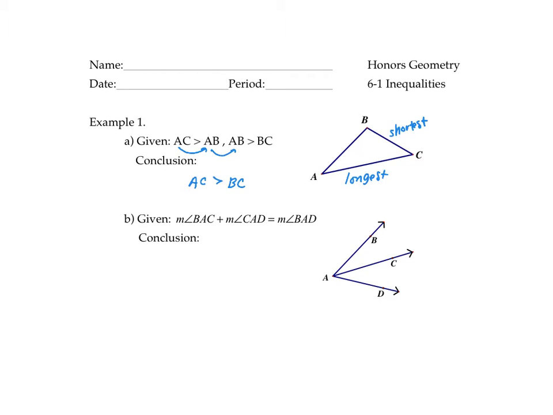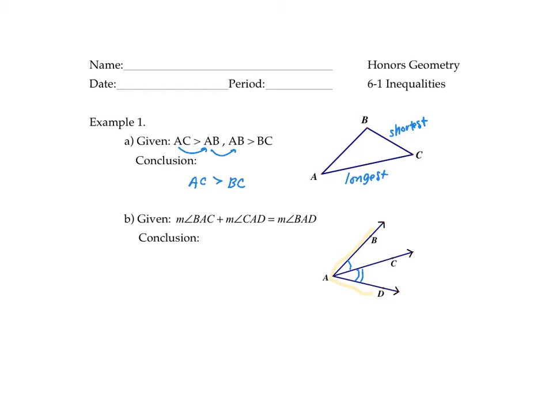In the second part of example 1, we go back to something that we studied earlier this year. Remember, this is chapter 6, so that's why some of these things that we haven't talked about for a while are coming up. It says the measure of angle BAC, that's this angle, plus the measure of angle CAD is equal to the measure of angle BAD, the whole entire angle. And I don't know if you recall, my friends, but this is referred to as the angle addition postulate.